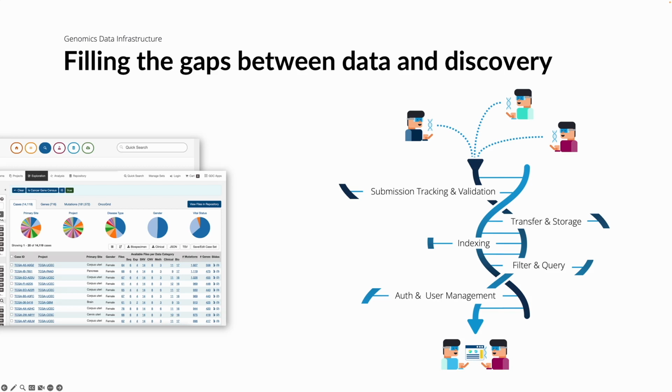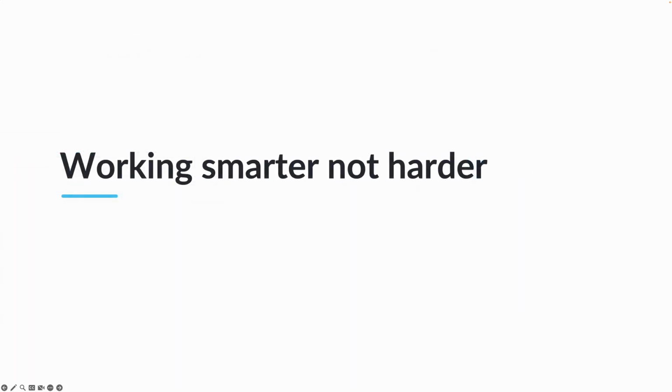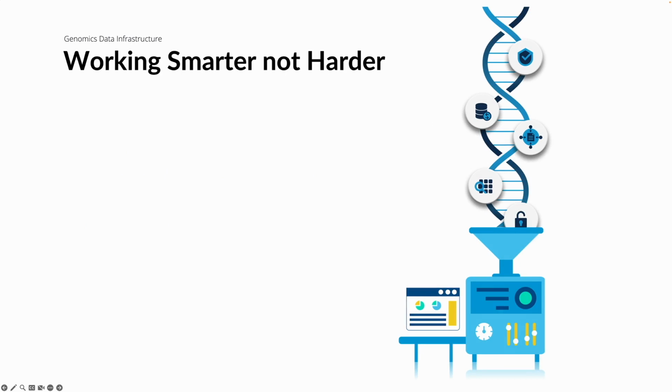Now, following these 2 major projects, we continued to develop similar data portals, but began to realize we were spending a lot of time on repetitive and redundant programming efforts. So we really wanted to work smarter, not harder. And this was the advent of Overture. So Overture is a microservice architecture that covers all of the gaps that we discussed prior.